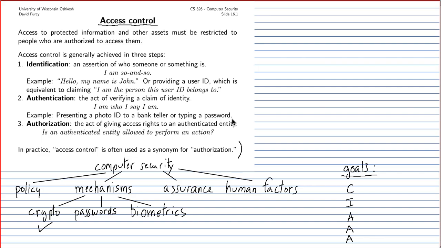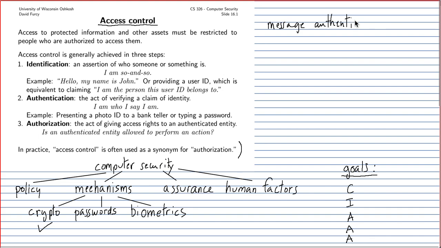Now, since we're talking about authentication, starting on the next slide, I want you to make sure you remember which one of these A's stands for authentication. And I want to make a little bit of clarification here. We have been talking about authentication a lot when we were talking about cryptographic primitives. And this was essentially message authentication.